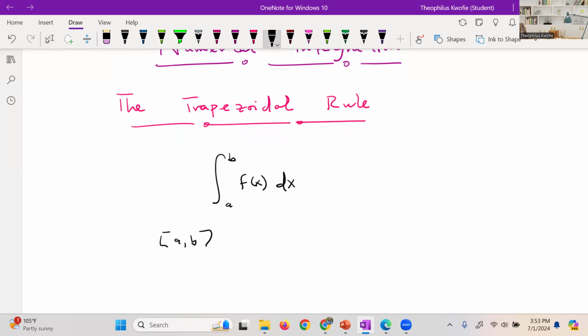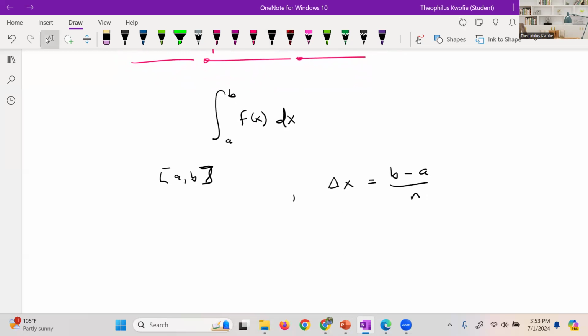We are going to subdivide this interval into several subintervals. Bear in mind that we also have to get our weight, which as usual is just b minus a over n, where n is the number of subdivisions or partitions we want to have.